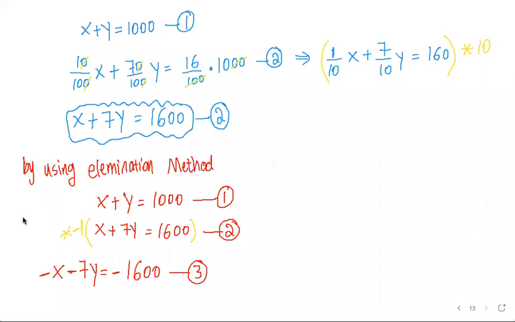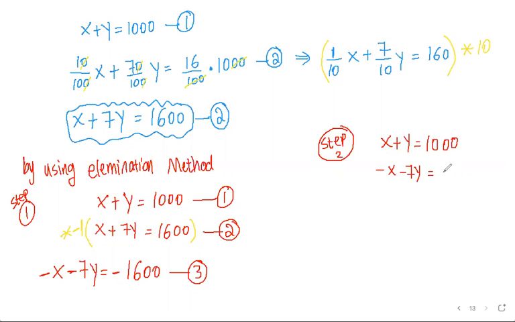So this is the first step. Step number 1, step number 2. x plus y equals 1000, minus x minus 7y equals minus 1600.